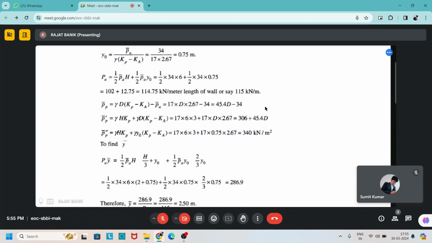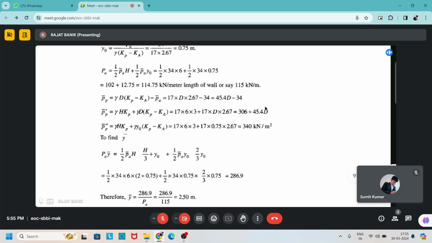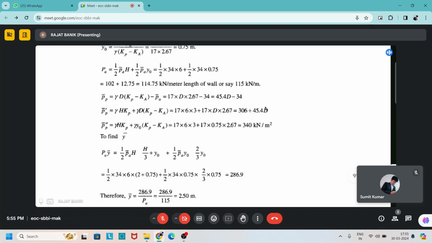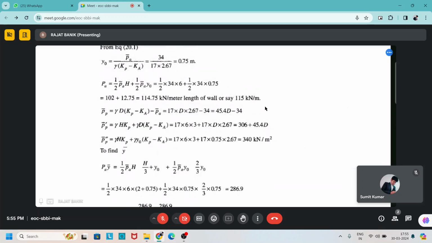Now PP bar dash is equal to gamma H Kp plus gamma D Kp minus K. After putting all this value, this also comes out in terms of D, which is equal to 306 plus 45.4 D. Our main target is to find out D. Then PP double dash bar is equal to gamma H Kp plus gamma Y naught Kp minus K. Put all this value and it becomes 340 kilonewton per meter.